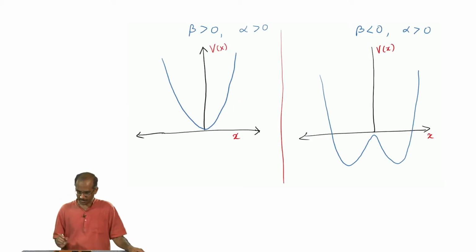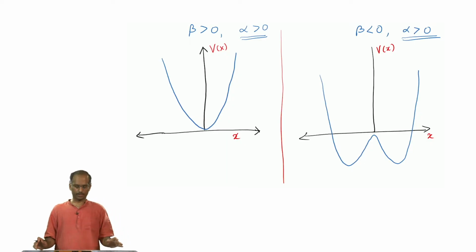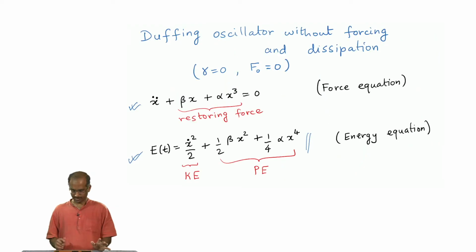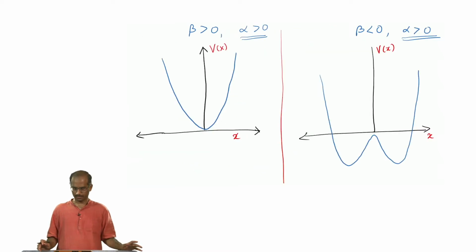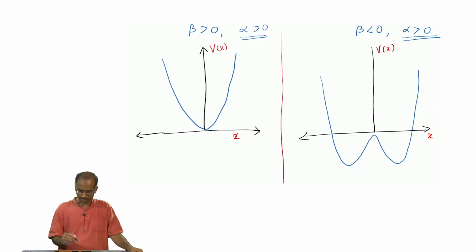So, I am going to assume that alpha is greater than 0, and then sketch the potential for two different values of beta. So, you can see that the potential involves alpha and beta. So, we will take beta to be negative and positive, but keep alpha to be positive. So, if alpha is positive and beta is also positive, this is the potential curve that you will get.